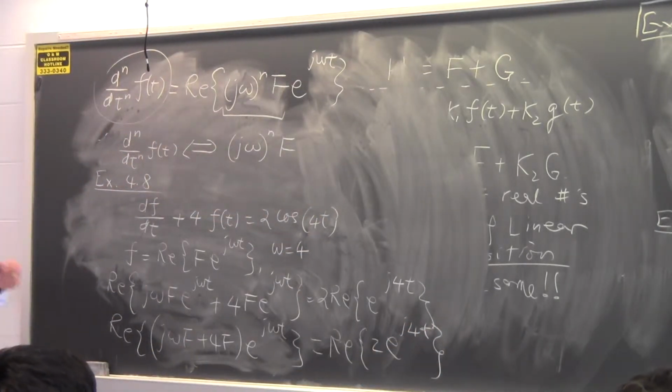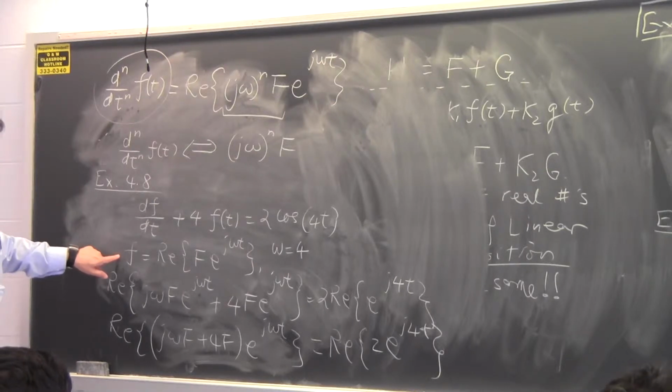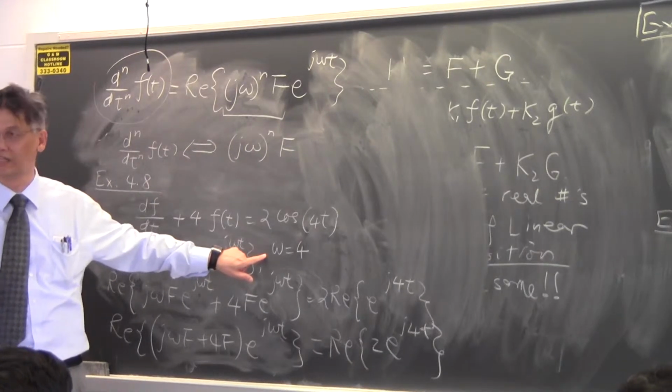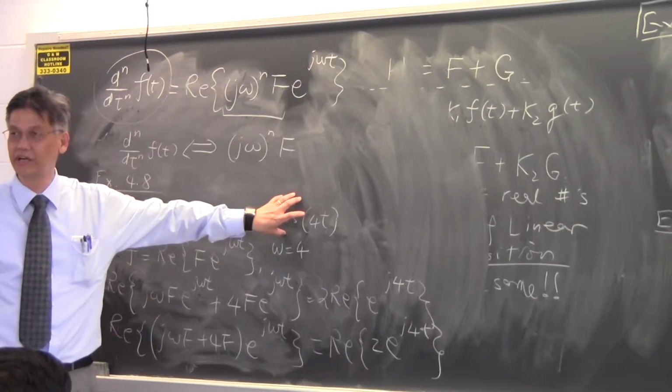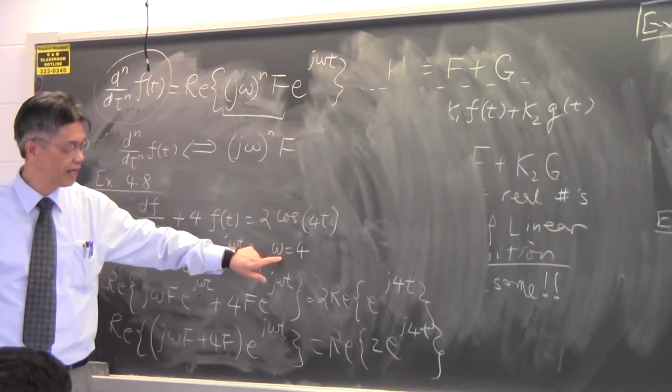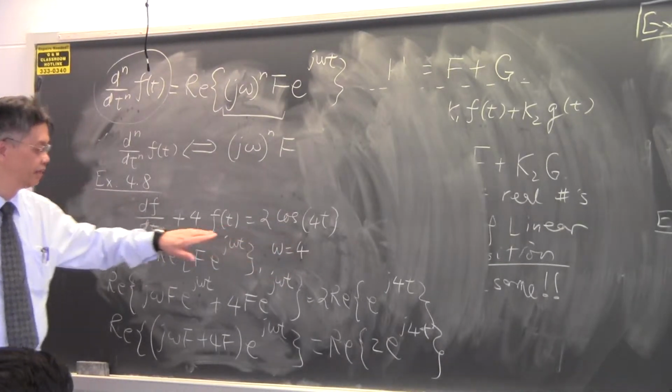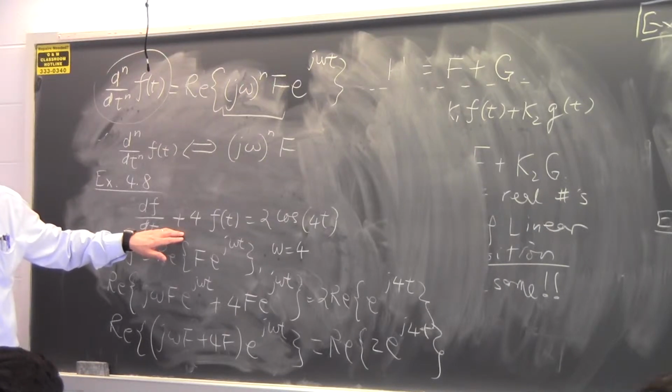So what you have here is a very simple example of solving an ODE with phasors. First, this equation cannot be satisfied unless the left-hand side, the f, responds with the same frequency. If you drive an equation with omega equal to 4, the particular solution must respond with the same frequency.